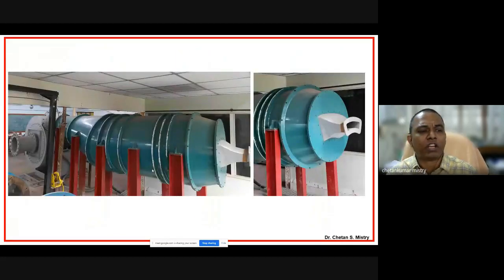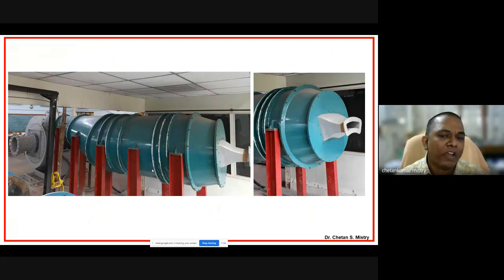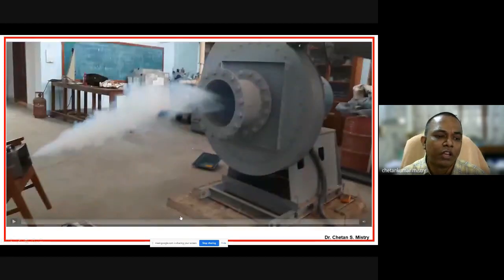Now this is the sector annular cascade tunnel that is ready. Here, this is my blower, what I was saying in terms of space constraint. This is my nozzle, and this is my exhaust. Now this exhaust I am able to achieve the speed, let me show you, this is what we commissioned only yesterday.